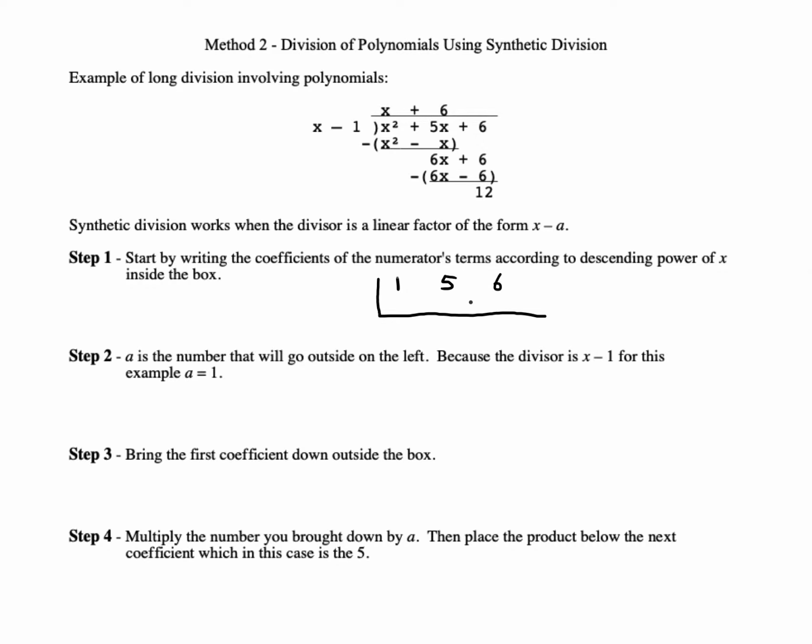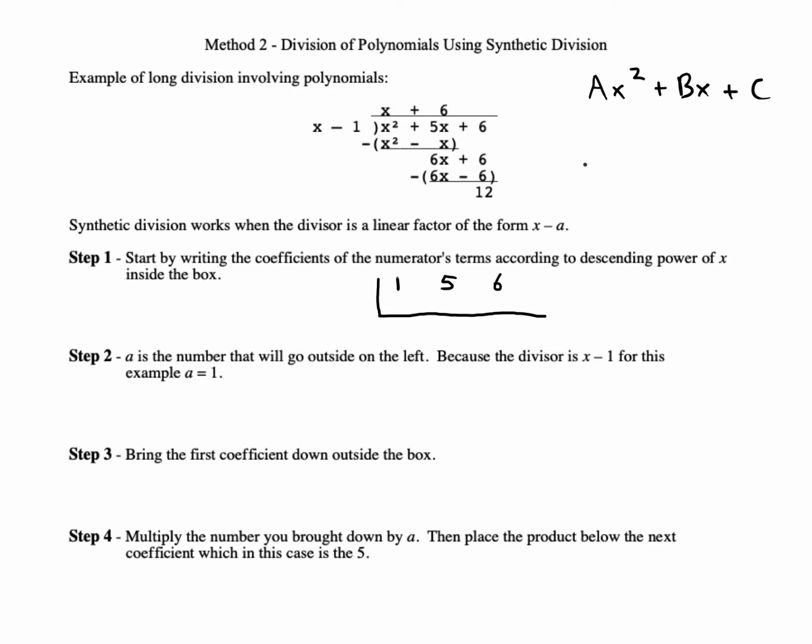So if you're confused about where I'm getting those constants, 1, 5, and 6, it comes from the quadratic expression that's being divided. It is in the form of ax squared plus bx plus c, which is a quadratic expression. And the a is the number attached to the x squared term.